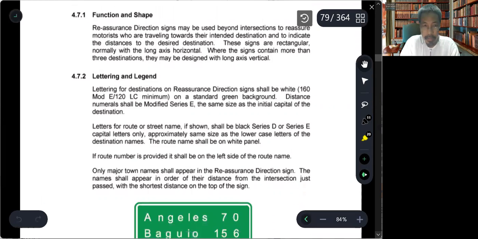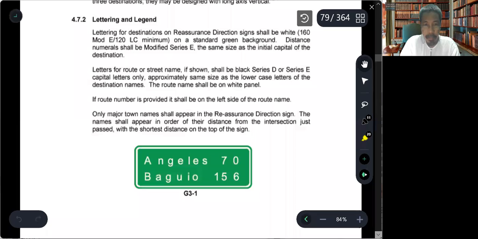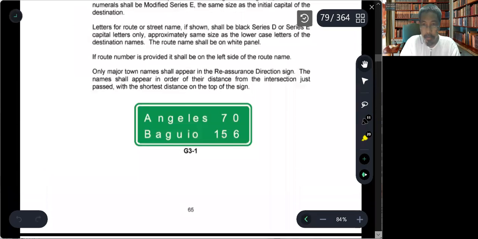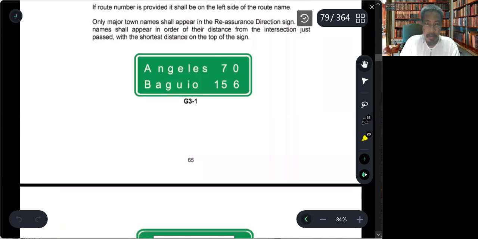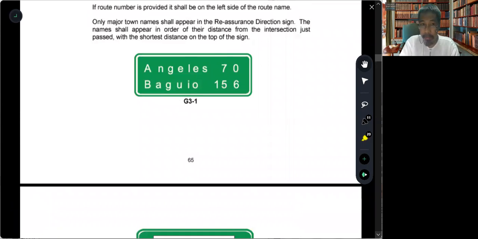As we already explained in the introduction, we have an example of G3-1, Angeles 70, meaning from this point to Angeles is 70 kilometers. Baguio is 156 kilometers from this point. So this is just an assurance because this is posted after the intersection.